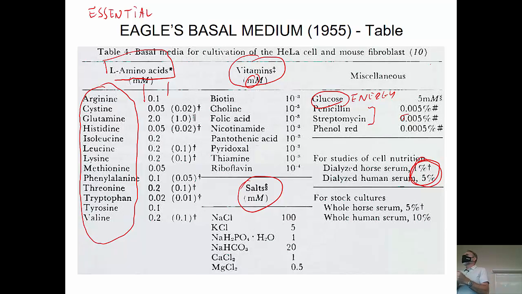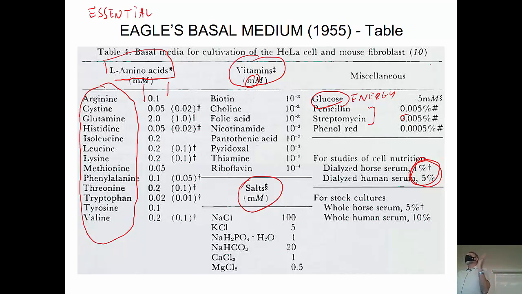Yes? So what is this basal medium that we just learned about? This is a media for growing cells in. So the question is, what is the media? The media is the liquid that we grow cells in. But didn't we say it's undefined, the thing that we add to the culture? The only component in this one that's undefined is the serum.